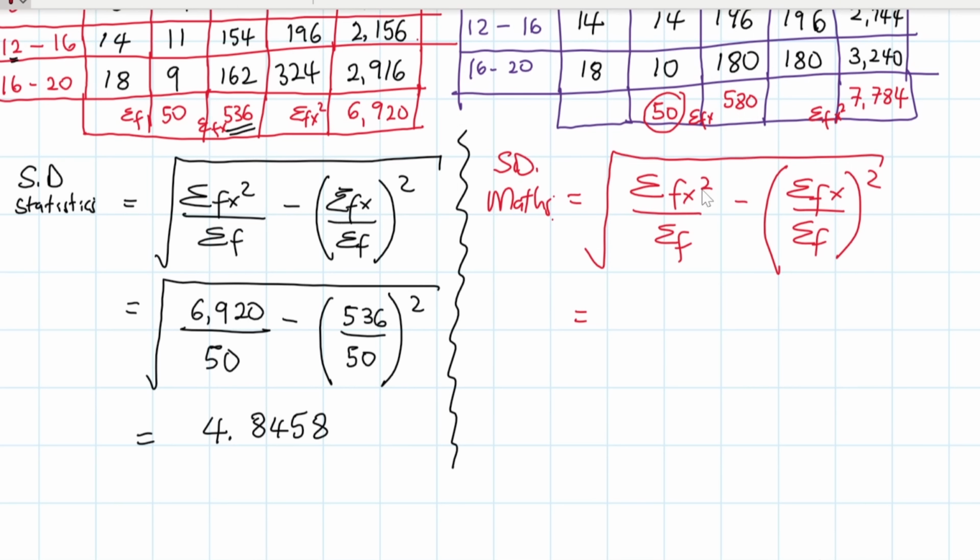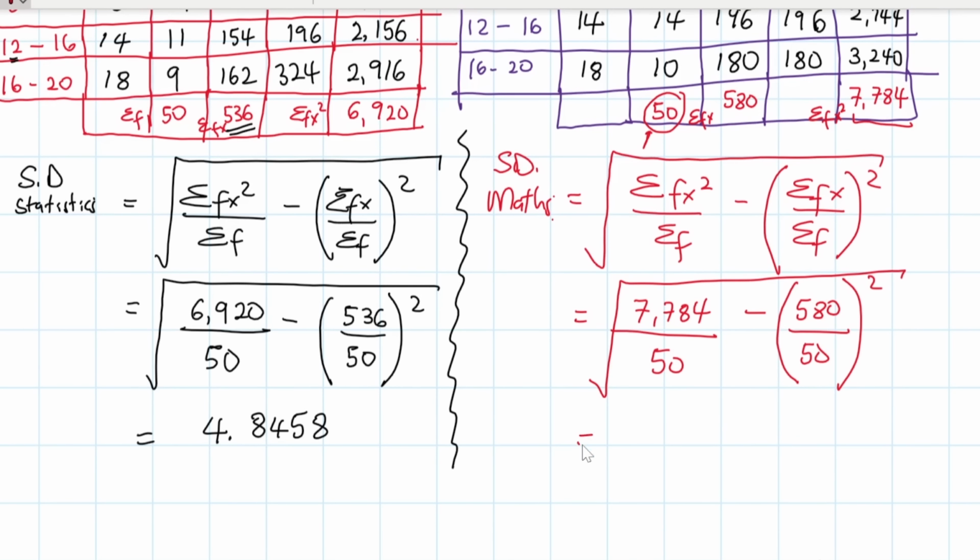The summation of f of x squared, up here on our table, is 7,784. Divide that by the summation of f, which is just 50, minus the mean squared. The mean here is the summation of f of x, which is 580, divided by the summation of f, which is 50. This is squared, and this whole thing is under the square root. So what we end up with here is 4.5957.